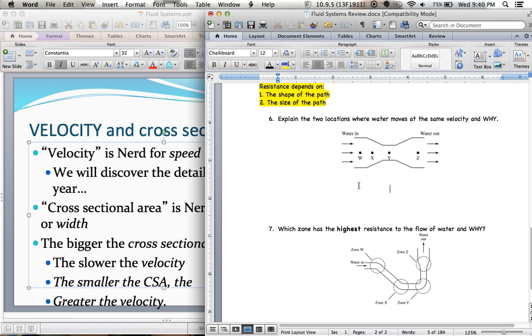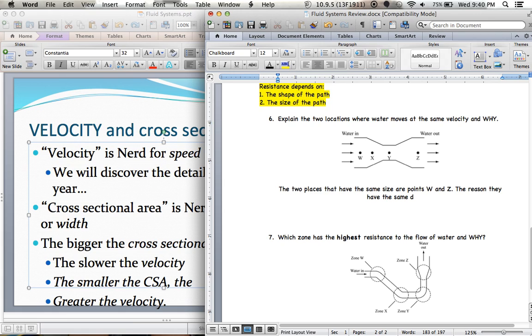So the two places that we have the same size are at points W and Z. The reason they have the same velocity is because they have the same width, or cross-sectional area.